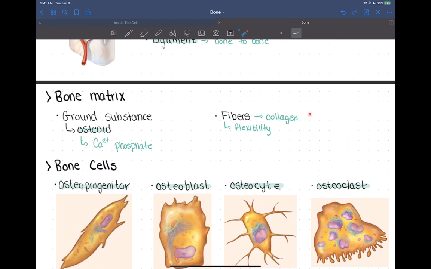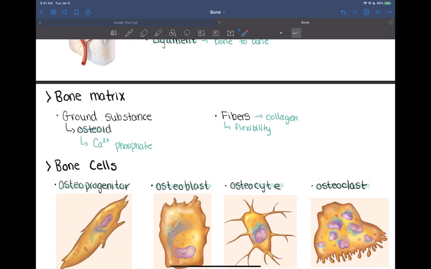If we didn't have collagen in our bones, that would make the bones very brittle, right? So we would just have the calcium phosphate, which is hard, but it's not flexible at all. So if there was any kind of strain or tension put on that bone, it could very easily break, all right? So it's very brittle. Okay, so that's the matrix, all right?